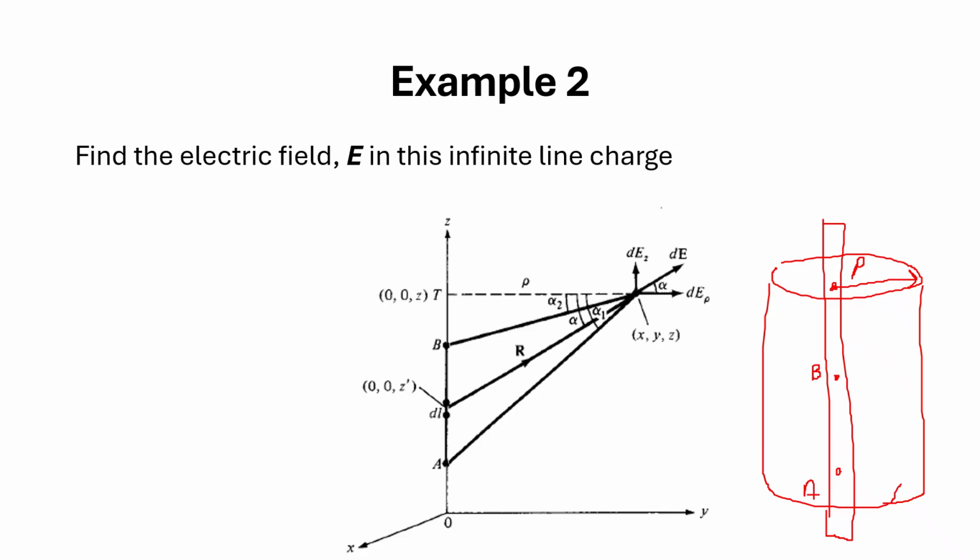Here is the center of the cylinder. The distance from the center of the cylinder going to the edge is given by R. It will make an angle that produces the electric field at this point.